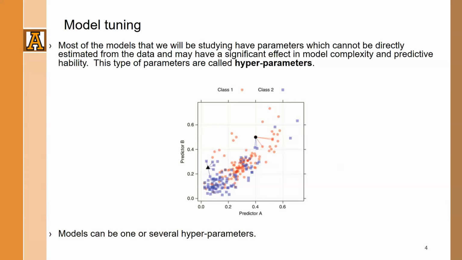And the models we'll be studying have hyperparameters. For example, k-nearest neighbor has a hyperparameter, which is k, the number of nearest neighbors. And we need a way to select the right value of these hyperparameters so that there's a right balance between bias and variance of the models.